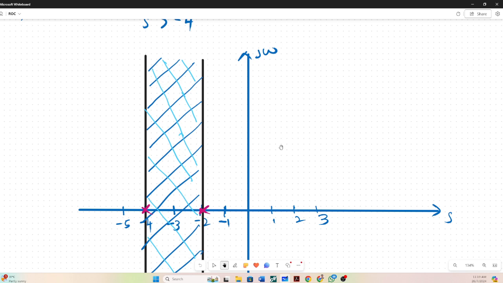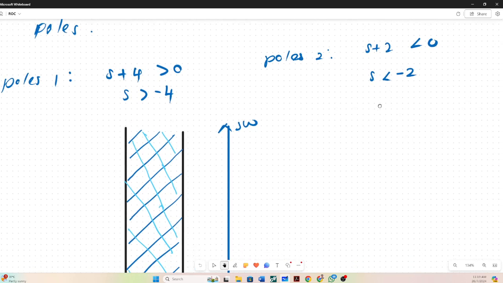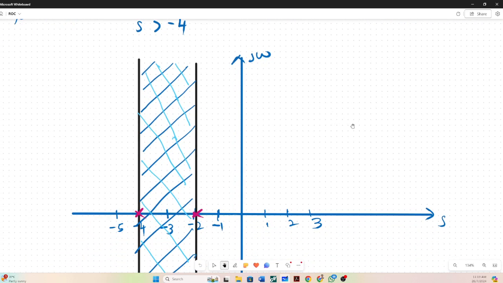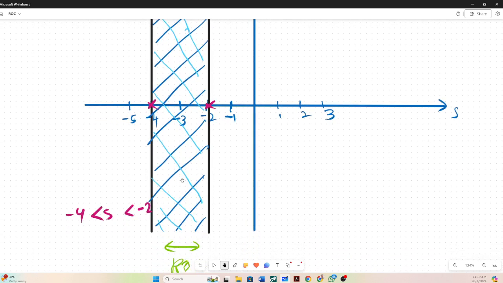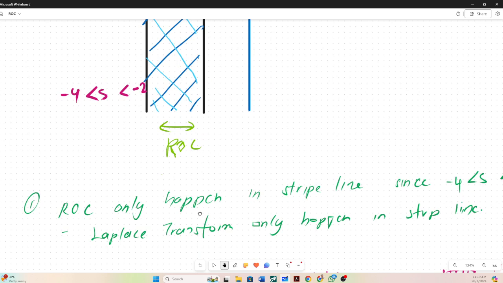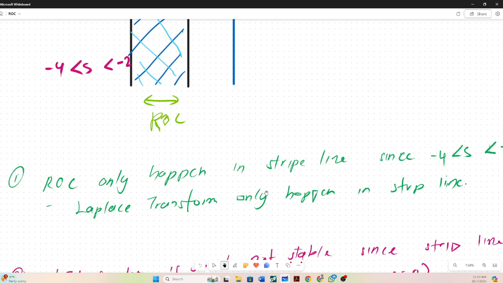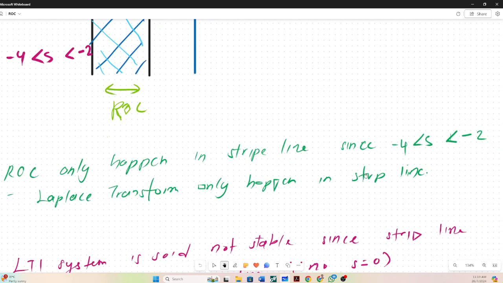The other element is s less than minus 2, so we shade the area left of the pole at minus 2, not touching the other pole. So the Laplace transform only exists in this area, which means the range is from minus 4 to minus 2.